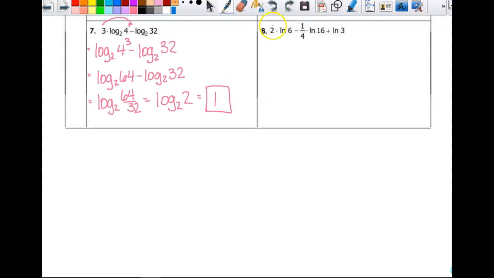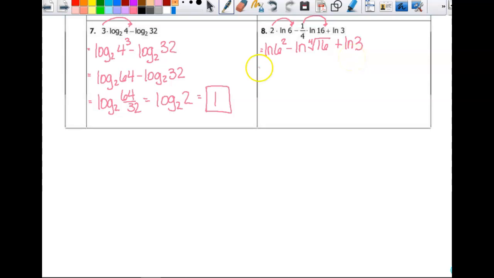So this 2 is going to become an exponent up here. This 1/4 is going to become an exponent up here. This will give me the natural log of 6 squared minus the natural log of 16 to the 1/4 power, which is the same thing as the 4th root of 16, plus the natural log of 3.